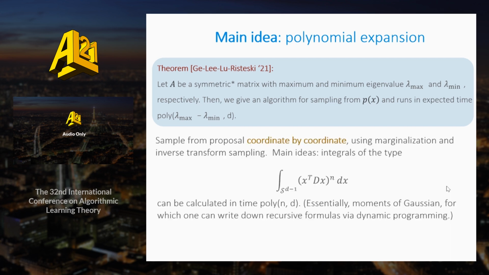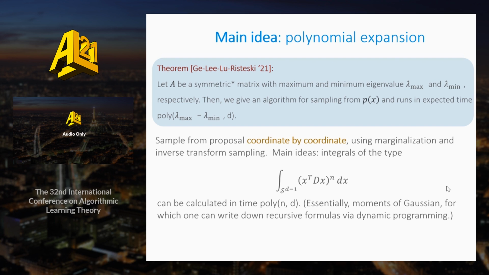Now, how do we sample from such a proposal distribution Q? As usual, the rub lies in the partition function not being explicit, but the reason why we can actually do it here is that we can proceed in a coordinate by coordinate fashion using marginalization and simple inverse transform sampling.